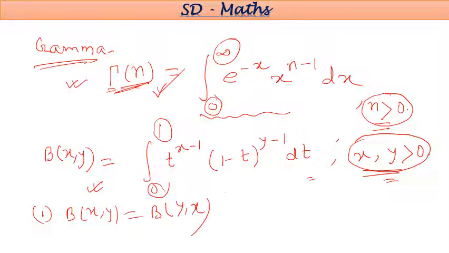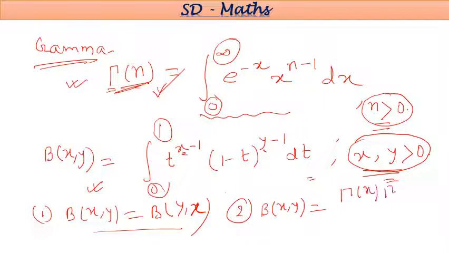You can interchange x and y and get the same result. The second property is the relation between the beta and gamma functions: beta x y equals gamma x gamma y divided by gamma of x plus y, the most important relation.